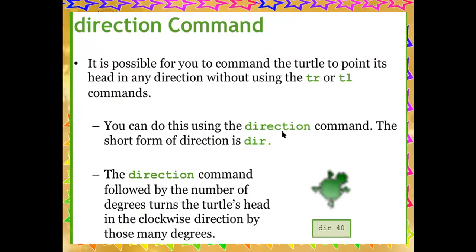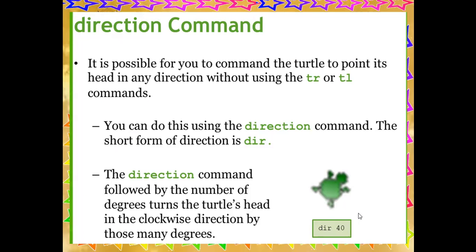Now we have a new command over here, and the short form of direction is DIR. The direction command followed by the number of degrees turns the turtle's head in the clockwise direction by those many degrees. As you can see over here, the example is given, DIR space 40.